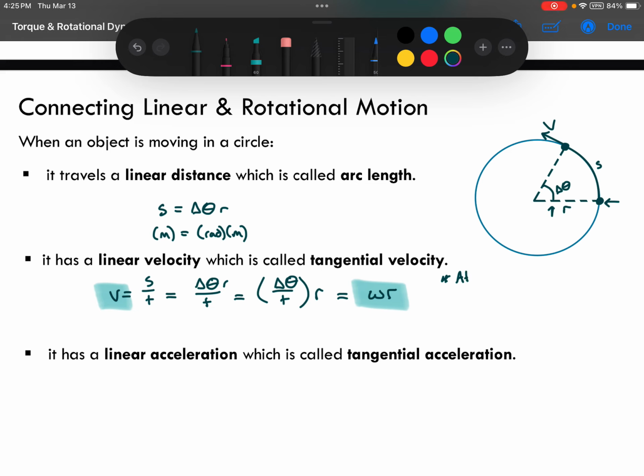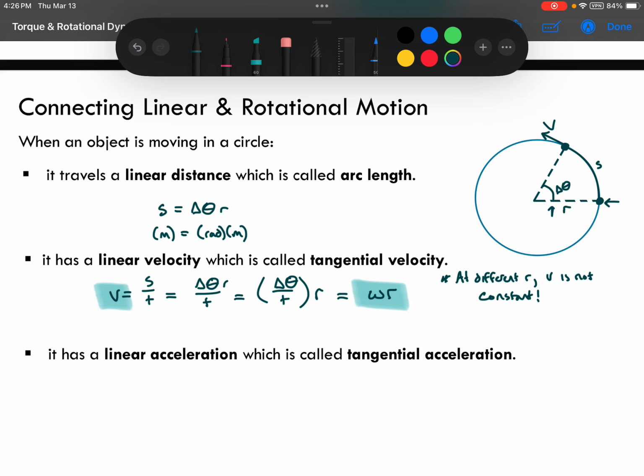So at different radii, the velocity is not constant. But the angular velocity is constant.